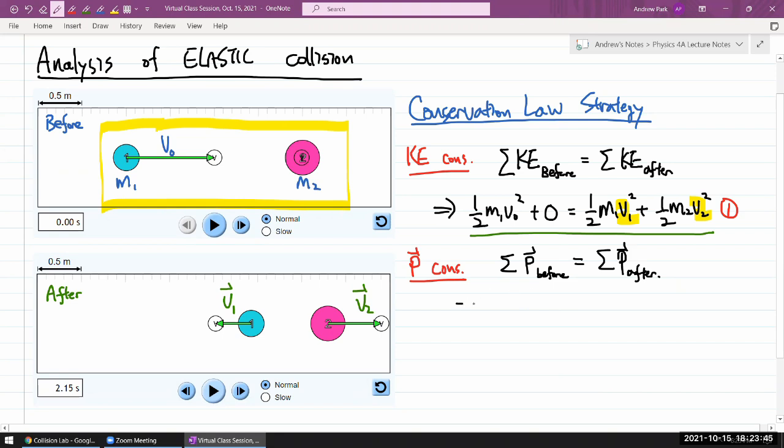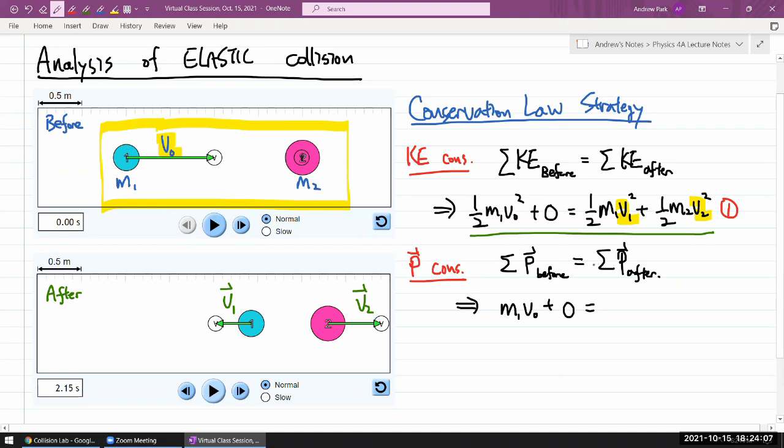Let me write down the expression for momentum before collision, m1 v naught. And I'm letting the sign of these velocity variables indicate the direction in this one-dimensional setting, plus the momentum of ball 2 is 0 because it's not moving.